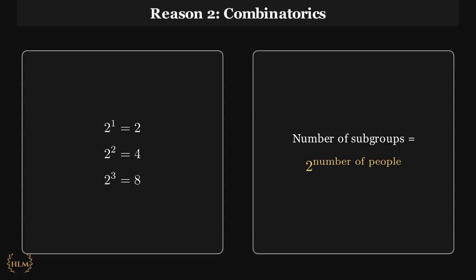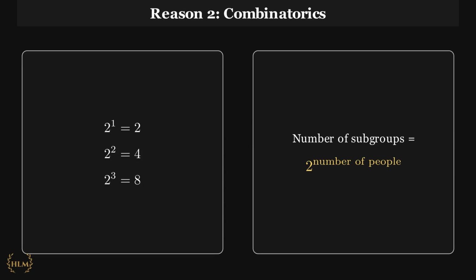So the number of subgroups that we can create with one person is 2. Number of subgroups with 2 people is 4. And number of subgroups with 3 people is 8. So if you notice, the equation is 2 to the power of the number of people will give you the number of subgroups. So for Ariel, there's only one person, so 2 to the power of 1 is equal to 2.